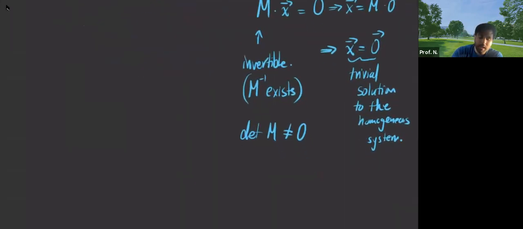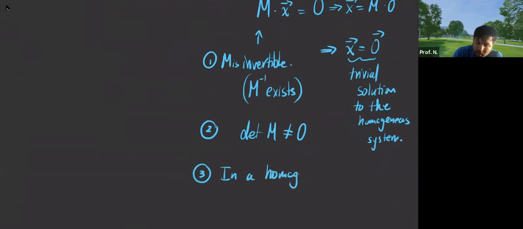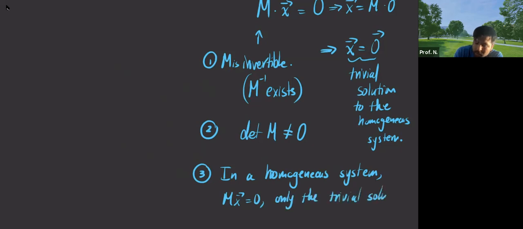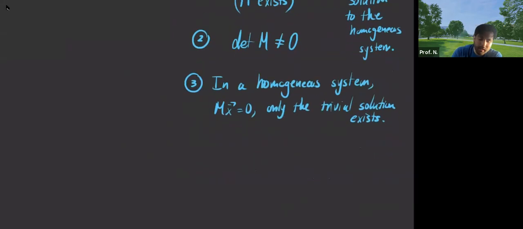So guys, you have to know this again. If M is invertible, that's 1. 2, the determinant is non-zero. In a homogeneous system, Mx equals 0, only the trivial solution exists. And then Sam, what you're saying is in a non-homogeneous system.